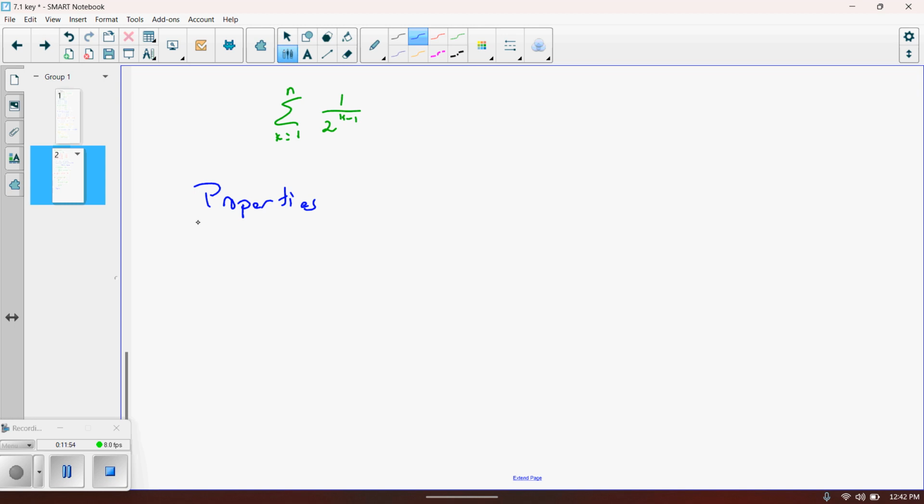If we were to have a sum of whatever it is from 1 to n of c a sub k, where c just simply represents a constant. Well, basically that would be like saying I have c times a sub 1 plus c times a sub 2 plus c times a sub 3 all the way up to the nth term.